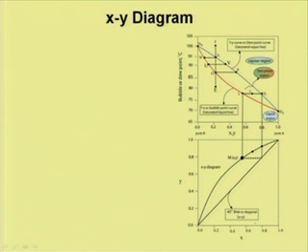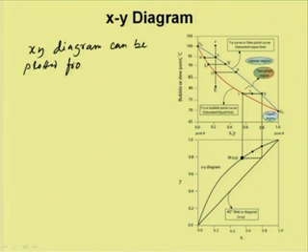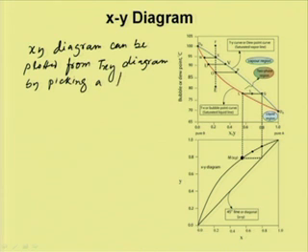So, the x y diagram can also be plotted from the T x y diagram, by picking a temperature and then the corresponding y and x can be read from this.